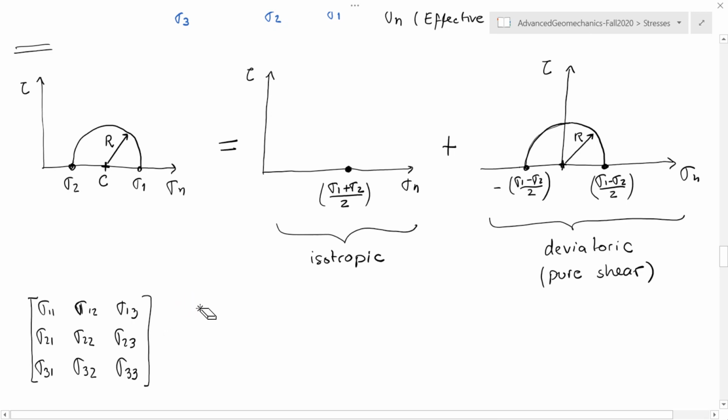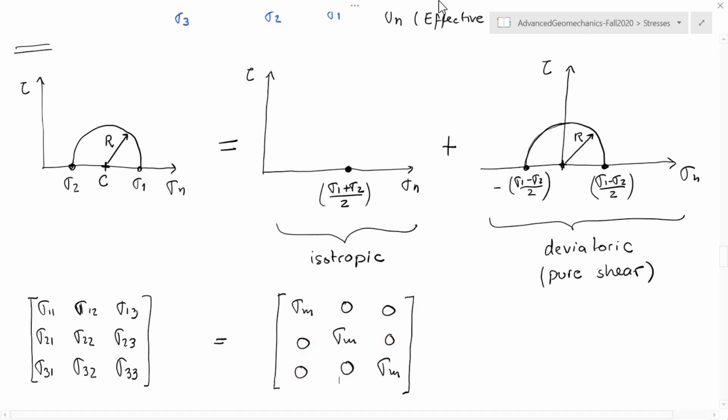Let me just line this up with a plot on top. The isotropic matrix is going to be composed by the mean stress in the diagonal and zeros in the off-diagonal terms.